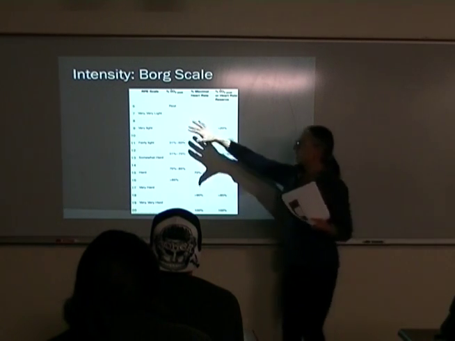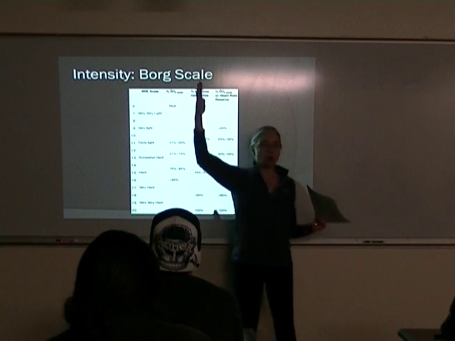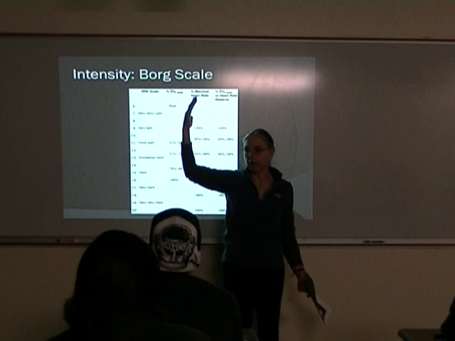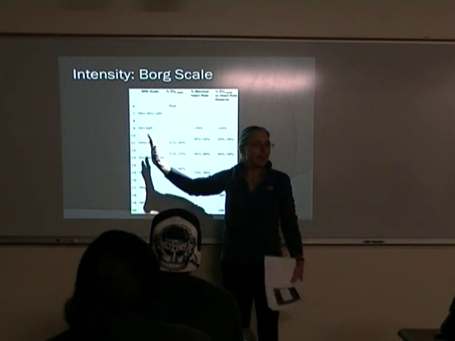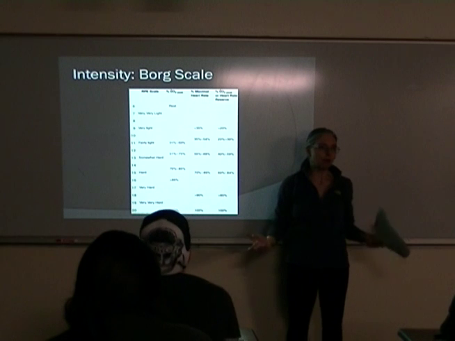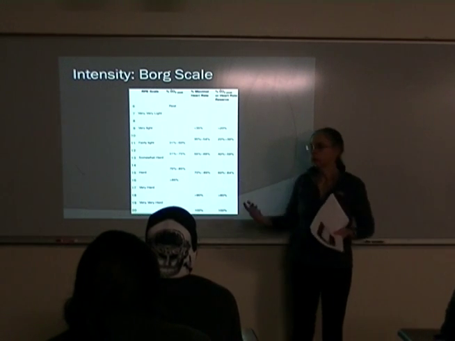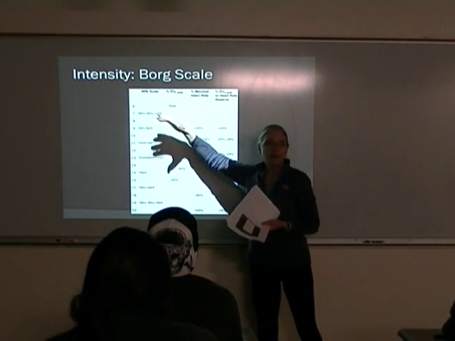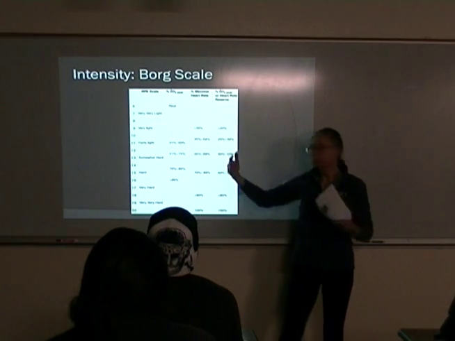It's a useful tool because all you do is hold up a card that says 6 through 20, what number are you working at? But you can't use it with your beginners. You've got to teach your beginners how to take their heart rate. All right? So the lower the number, the less work you're doing.